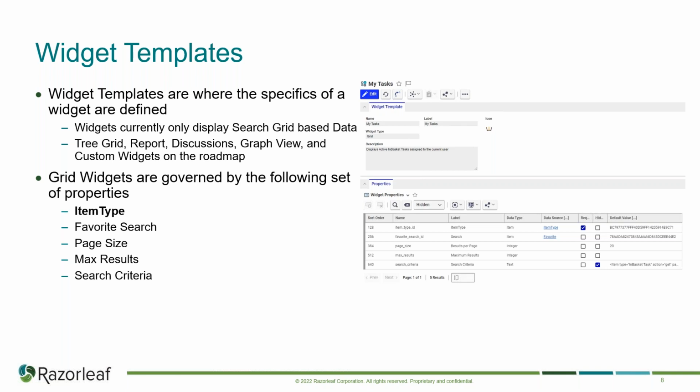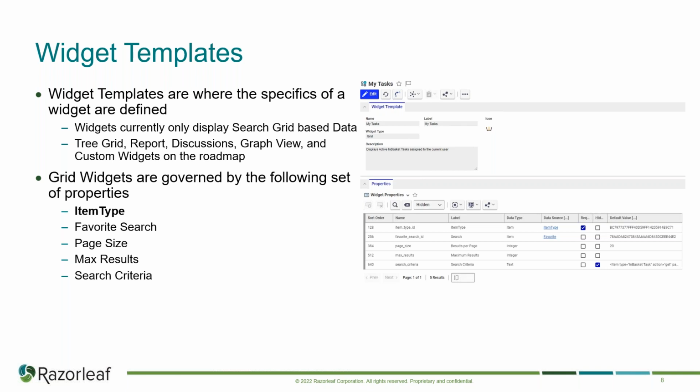Coming up soon, I believe in 22, we'll be able to have tree grid widgets. 23 and onward, we'll have widgets based on reports, discussion tabs, graph views, and I believe custom widgets are also going to be involved in 22 as well. So they're currently only governed by the following set of properties.